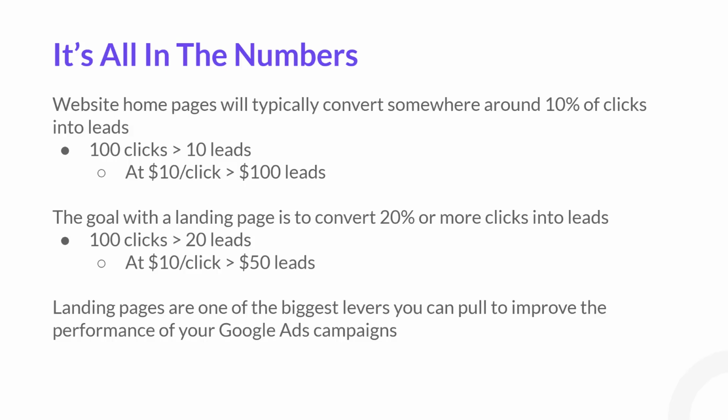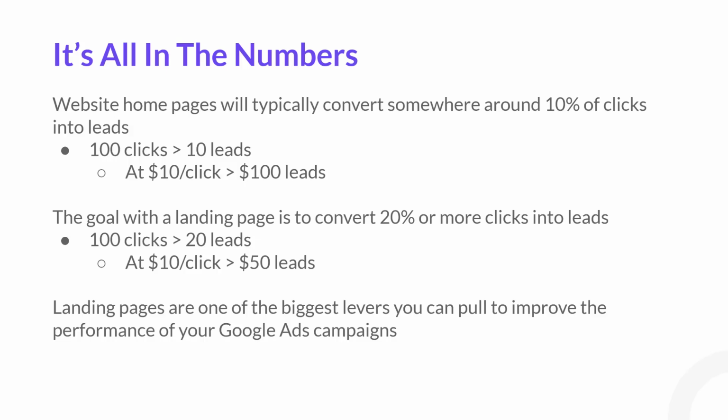Website homepages, this is going to vary, but typically somewhere around 10% is the average. A lot of times what I see is probably lower than that. But say 10% of clicks turn into leads: off of 100 clicks, you're going to get 10 leads. If you're paying $10 a click, you're literally going to be getting $100 leads. And for a lot of industries, especially industries where the cost per click is only $10, a $100 lead is probably not going to be profitable.